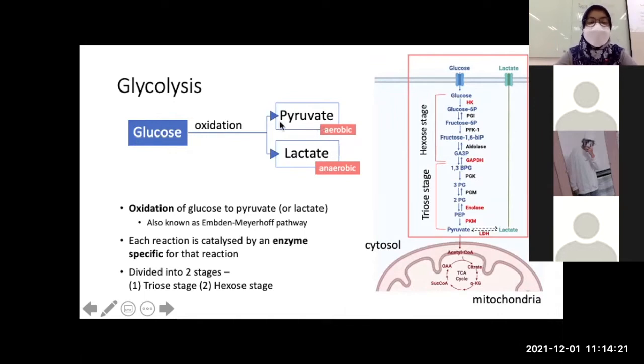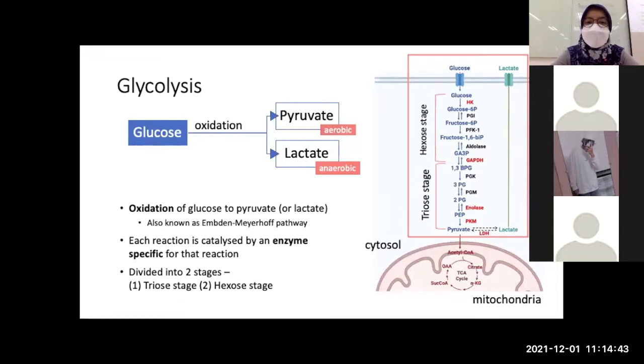The initial product would be glucose that we obtain from our diet, after it has been digested by digestive enzymes like amylase, for example, and the end product would be pyruvate. This pyruvate is very important for energy production in our body.